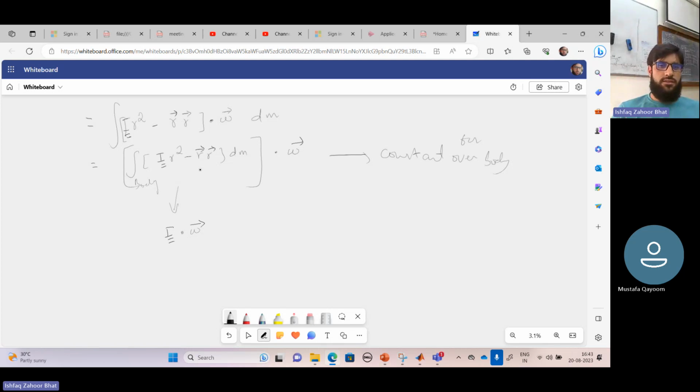Similarly, this tensor has its own nature, its own geometrical properties, which are not going to change over frames. But its components will be different in different frames. And this is known as the inertia tensor.